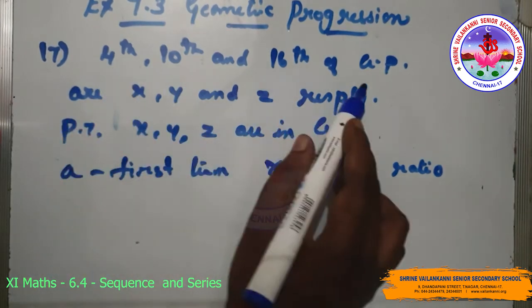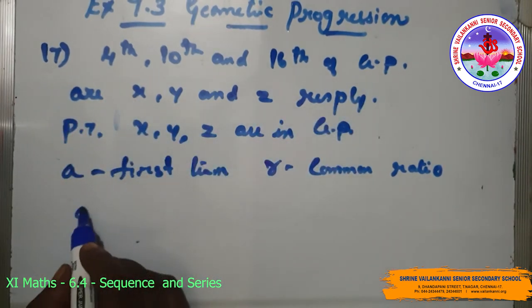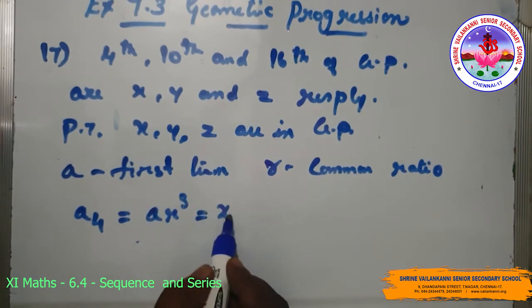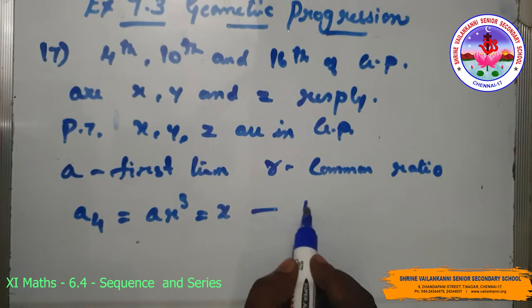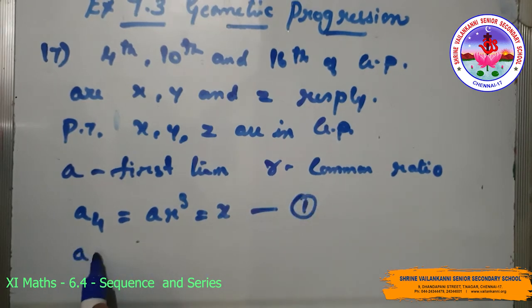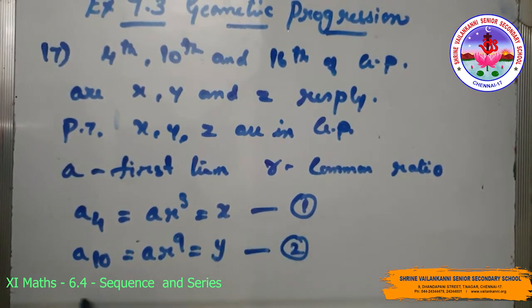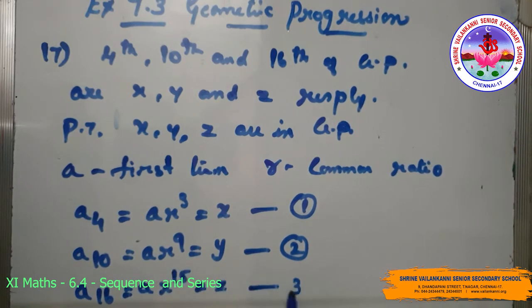So A4 is x, that is A r power 3 which is equal to x. Let's take this equation as 1. A10 is A r power 9 which is equal to y. This equation is 2. A16 is A r power 15 which is equal to z. Take this equation as 3.